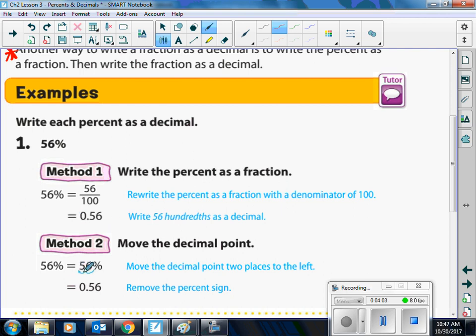The other way is just to take that decimal and move it 2 places to the left. Here, D stands for decimal, P stands for percent. We're going from percent to decimal, so see the arrow? We're going from right to left. So we're just going to move the decimal 2 places to the left.